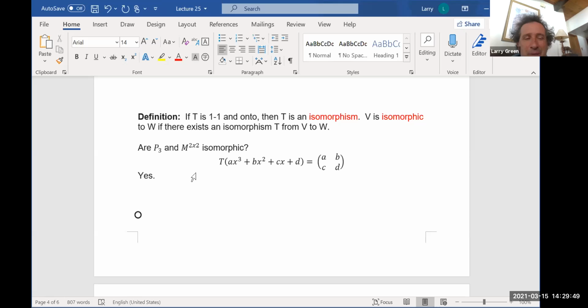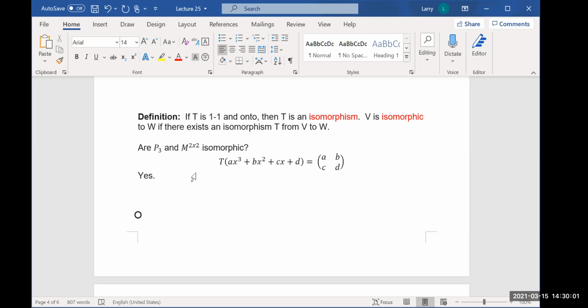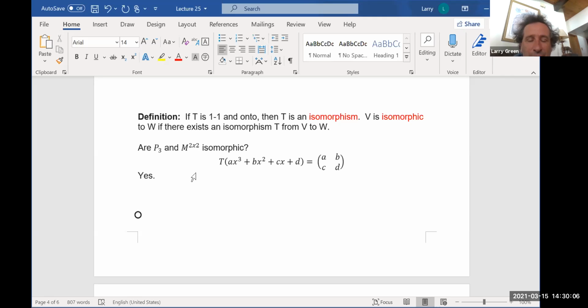And if, looking at Pn, n plus 1 is not prime, then you can write it as a matrix that isn't just a 1 by something. Does that make sense? Yeah. So for example, P5 is isomorphic to M2 by 3.